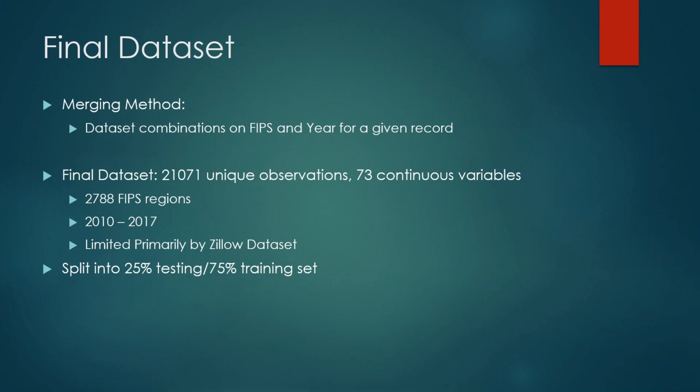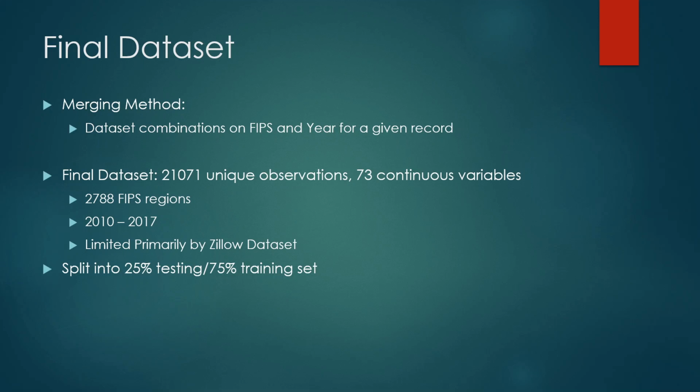The final data set is based on FIPS, which is a 5 or 6-digit number that refers to a state and a county. Every county in the United States has a unique FIPS number, and there are several areas outside of the 50 contiguous U.S. states that have FIPS numbers.